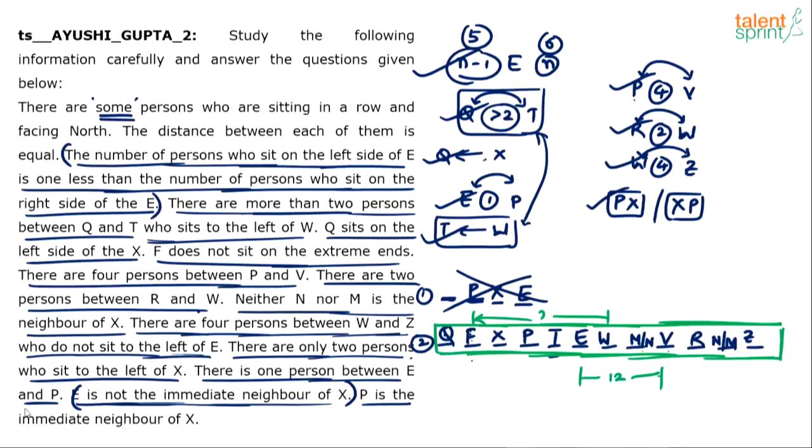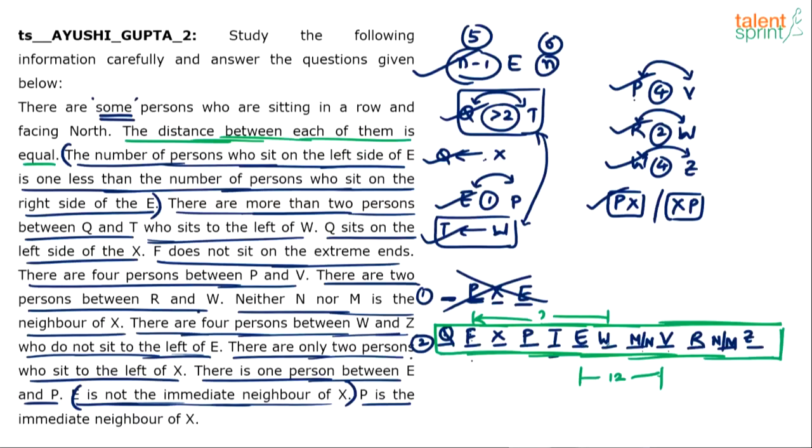Alright, so this question is on distance basically. Remember, the point given here was that they are placed equidistant. Now, the distance between E and V is 12 meters. What do you understand by that? Between E and V, we have got 2 persons, and if consecutive persons are placed equidistant, then what will be the distance between every pair here? 4 meters, right?